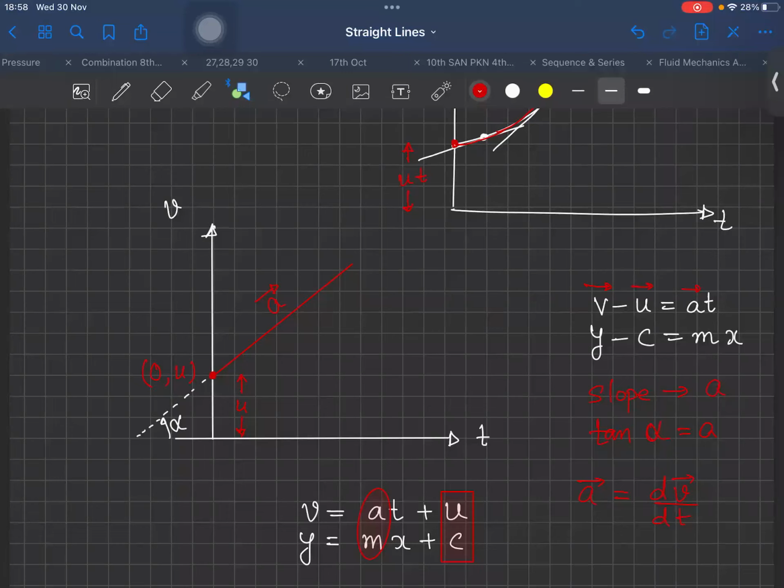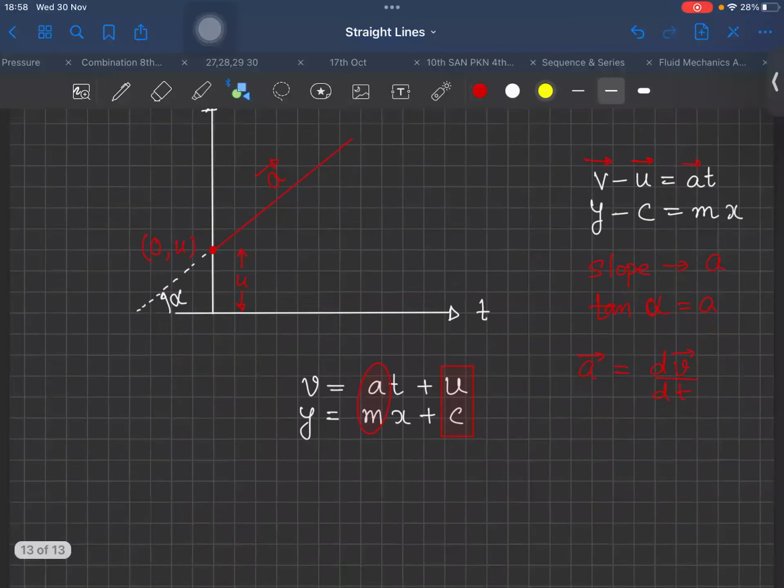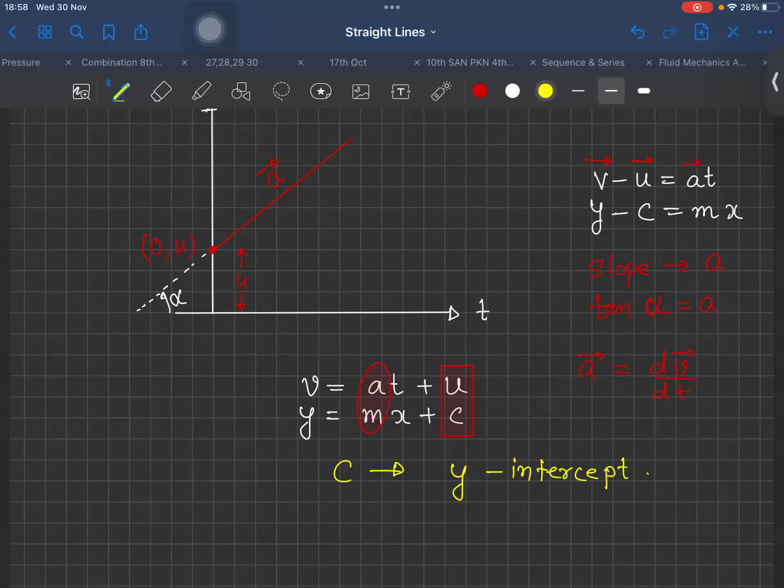It always starts from t equal to 0 in physics. Write that down. That's how we compare these two equations. Write down: c is equal to the y intercept. Any problem?